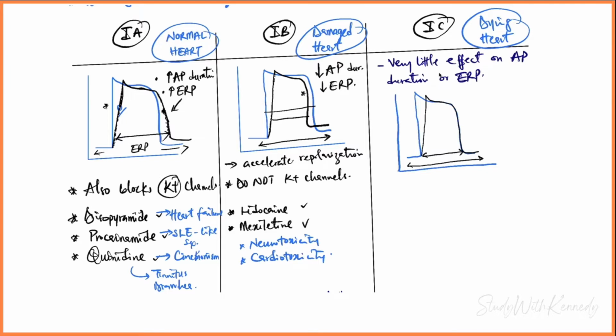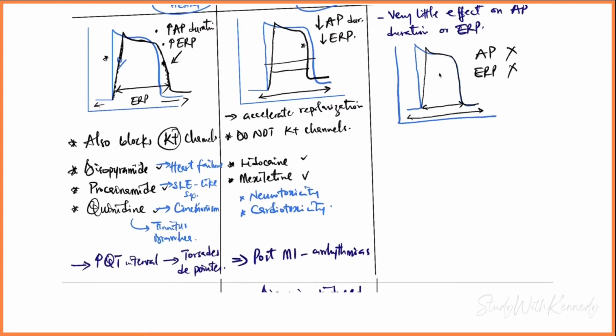No change to action potential. No change to effective refractory period, right? They have potassium channel blocking effect as well. You want to know that. They have a bit of potassium channel blocking.